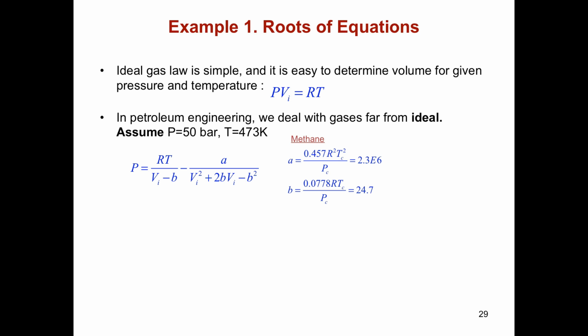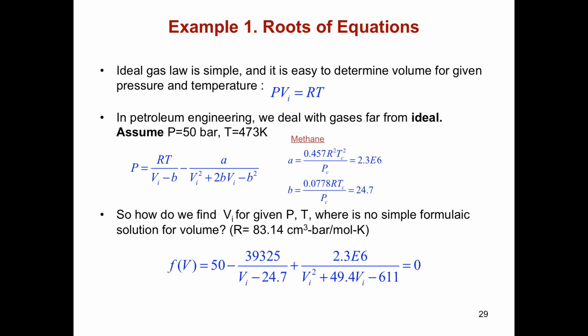So essentially, I will express this as f of v, where 50 bar minus this expression is equal to 0. And for this class of problems in general, regardless of what this function is, which depends on my physical application, we will figure out how to find numerical solutions.